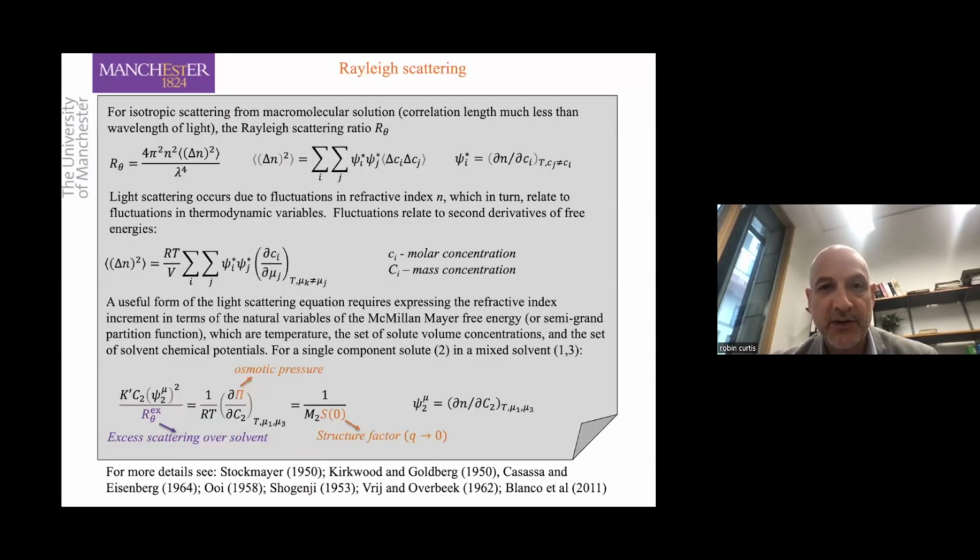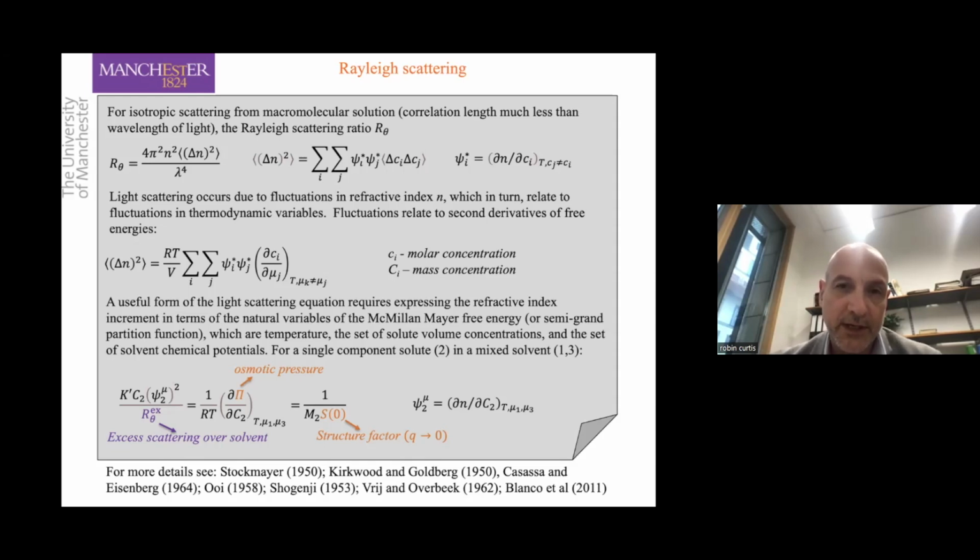This might be a review for quite a few people, but what we're measuring in light scattering is the ratio of the scattered light to the incident light, which is known as the Rayleigh ratio. This applies when you're looking at a macromolecular solution where the correlation length of the particle size is much less than the wavelength of light that you're using, and the scattering occurs due to fluctuations in refractive index.